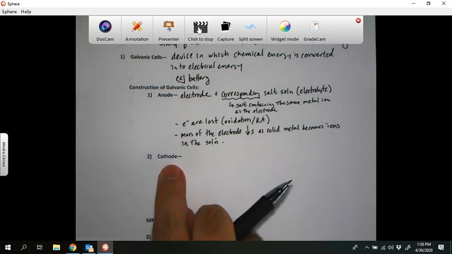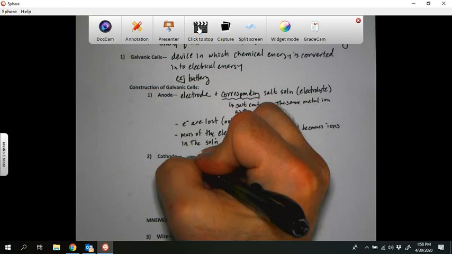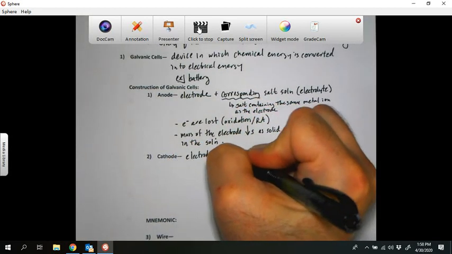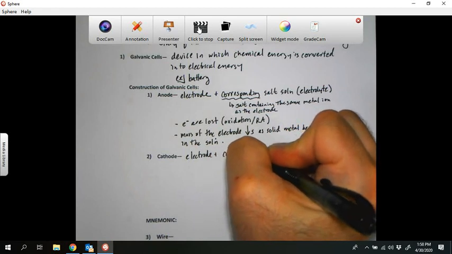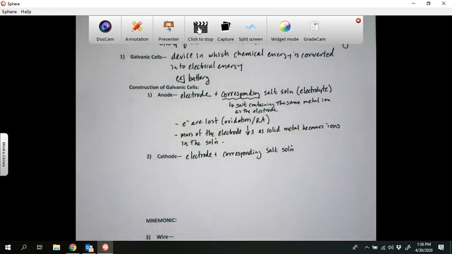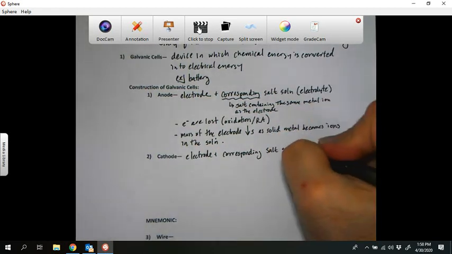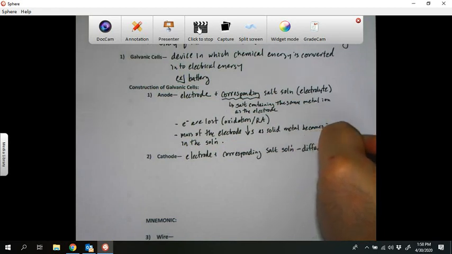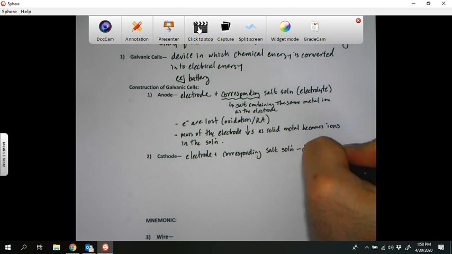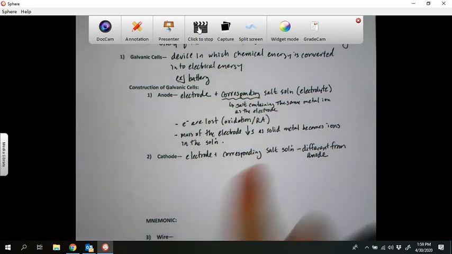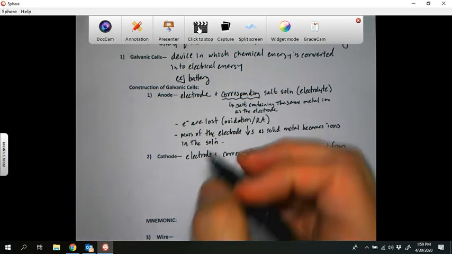Now, opposite of this is the cathode. This is the electrode plus a corresponding salt solution, which again would be an electrolyte, but it has to be different from the anode. So if this is a copper with a copper salt, this could be iron and an iron salt. So they have to be two different substances with two different metal ions.